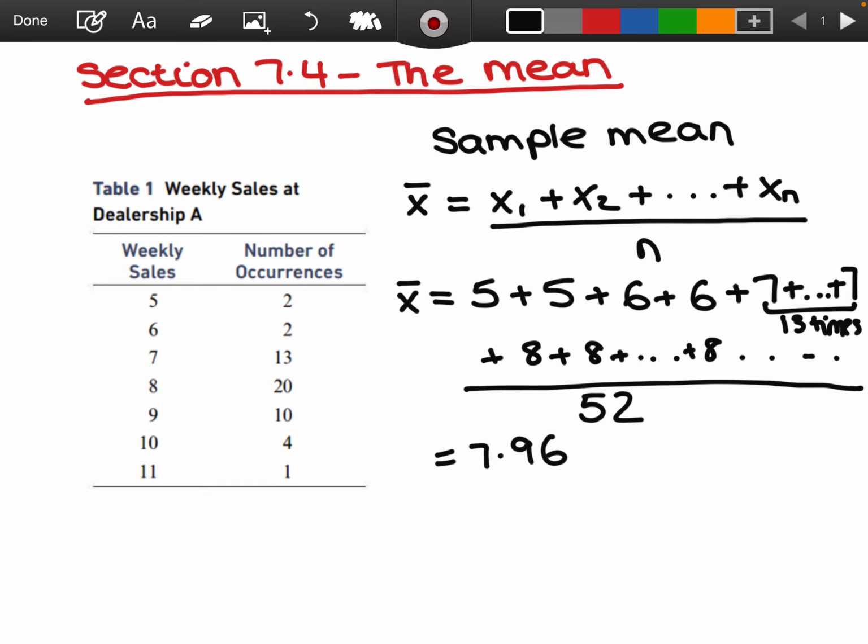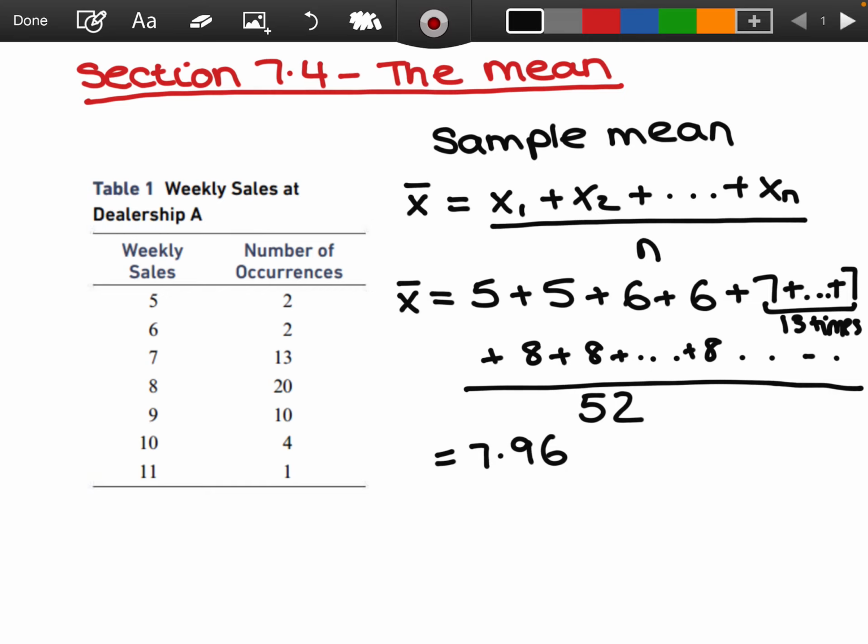We've added together all the weekly sales for the entire year and divided it by the number of weeks in the year. And that has given us the average number of sales in a week for this car dealership. Like I said, this is a sample mean because we have just taken a year's worth of data. We've just taken 52 data points out of however many weeks this car dealership has been opened.